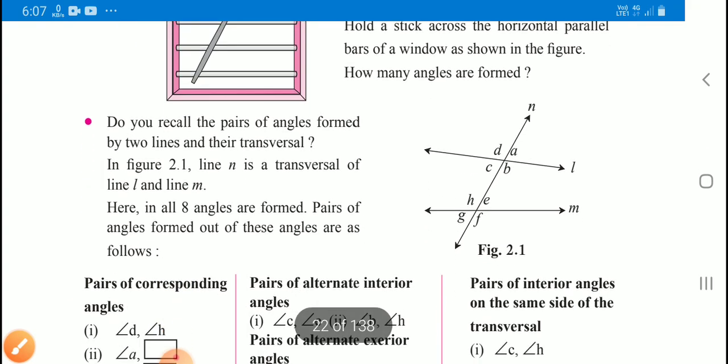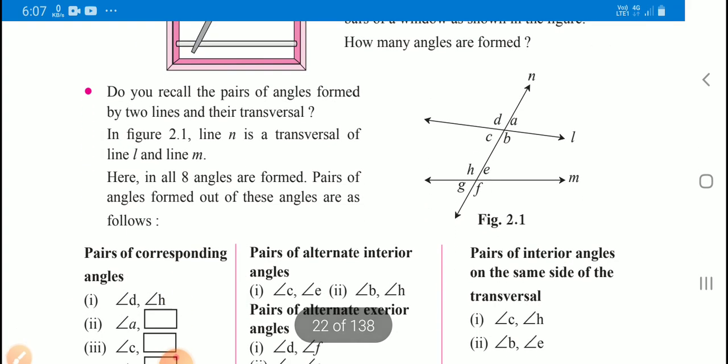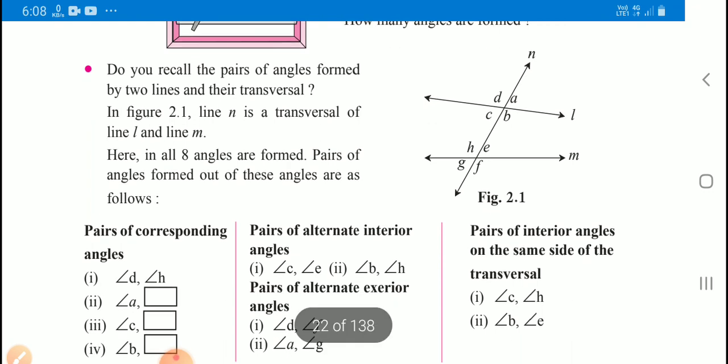If you have the two parallel lines and one transversal passing through the parallel lines. Now, do you recall the pairs of angles formed by two lines and their transversals? In figure 2.1, line N is the transversal of line L and line M. Look here.